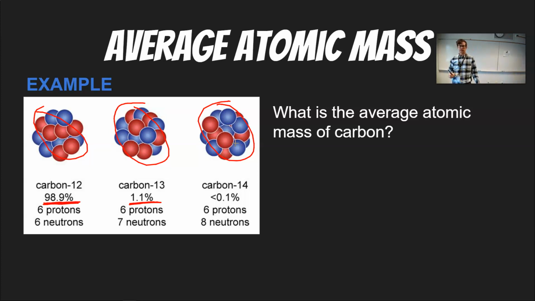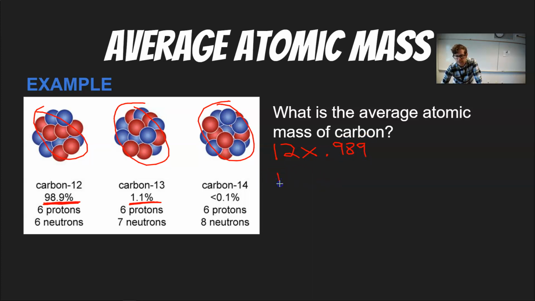So what is the average atomic mass of carbon? Well, we could do it simply by taking each one of these numbers and multiplying them by the weight, if you will. So 12 is the mass number of the most common one times 0.989 or 98.9%.